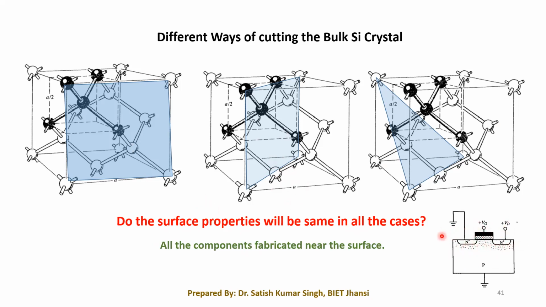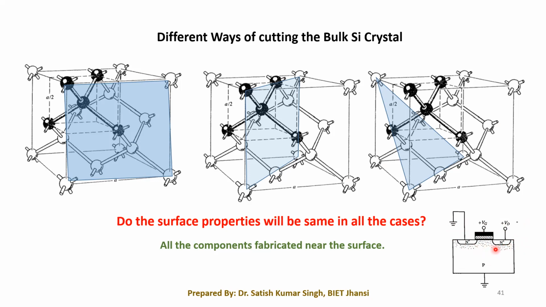Try to see this picture. This is your NPN MOSFET. In this particular MOSFET, the fabricated MOSFET will be near the surface only. It is not only this device, but all other devices.